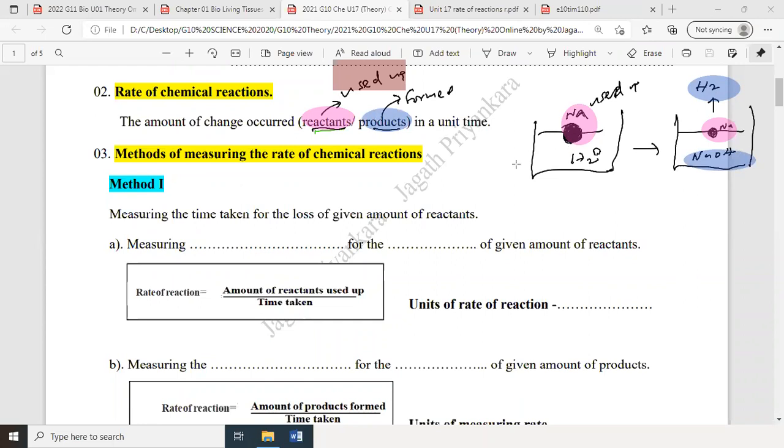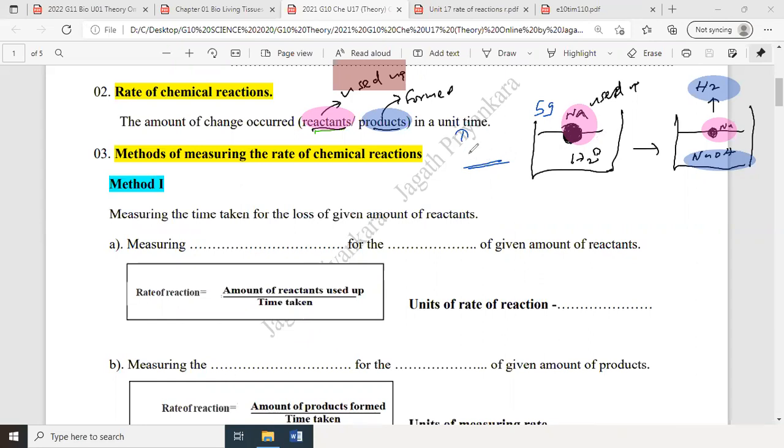Or else you can check the mass. Say you add 5 grams of sodium, and after 1 minute, the unit time, per minute, you check how many grams are left. But actually it will not be left after 1 minute, it will disappear. If you put some other metal, it will be retained. If you put a large piece, after 5 seconds you can check.